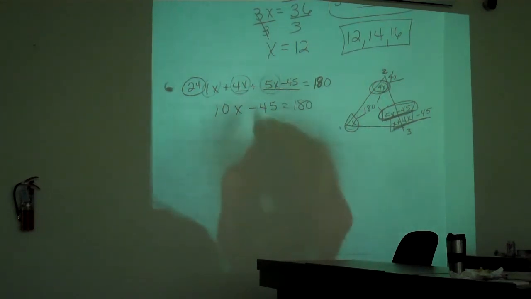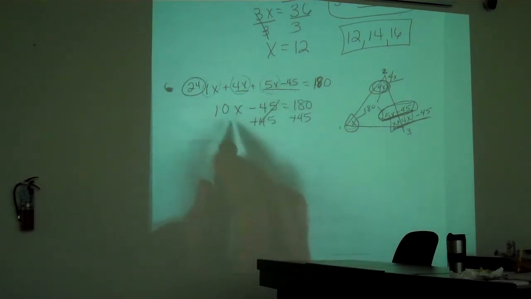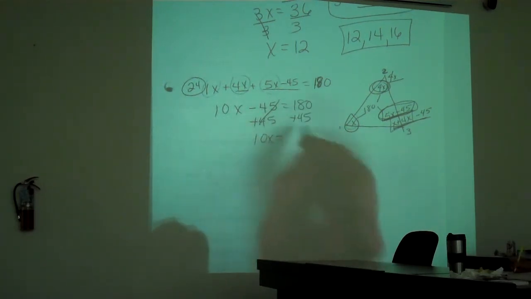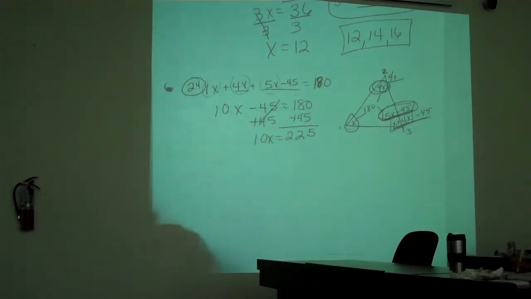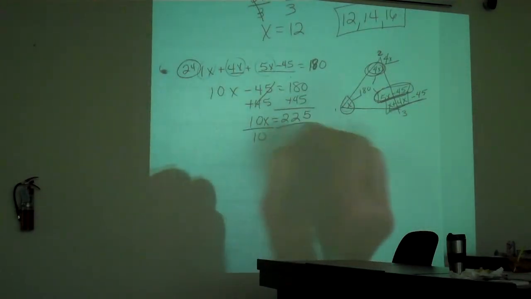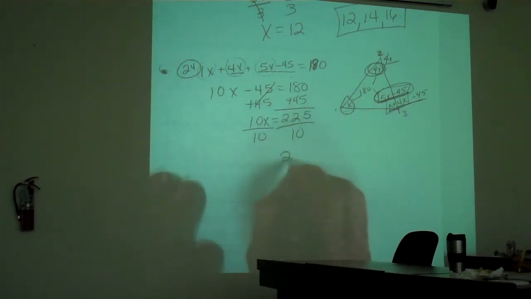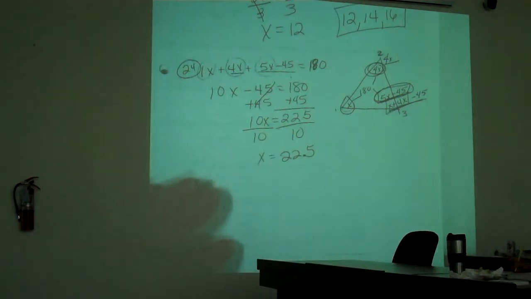Add 45. So 10x is on this side. Add 45. 225. You divide that by 10, it moves the decimal back one time, so it's 22.5. That's your first angle.